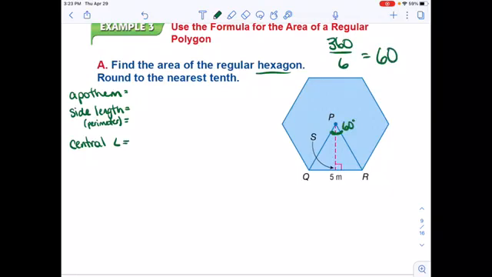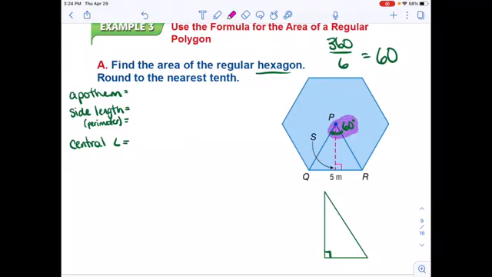Now something I want to point out. Notice, we are not given our apothem. That means we have to find it. We're also not given enough information to just find it using the Pythagorean theorem. Now, because this is a 30, 60, 90 triangle, if you notice, we have 90 here.